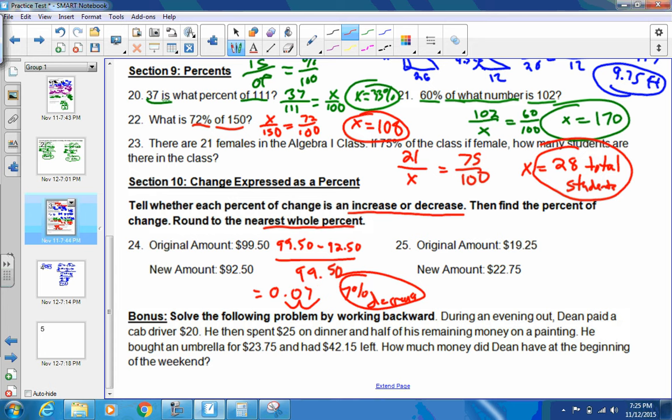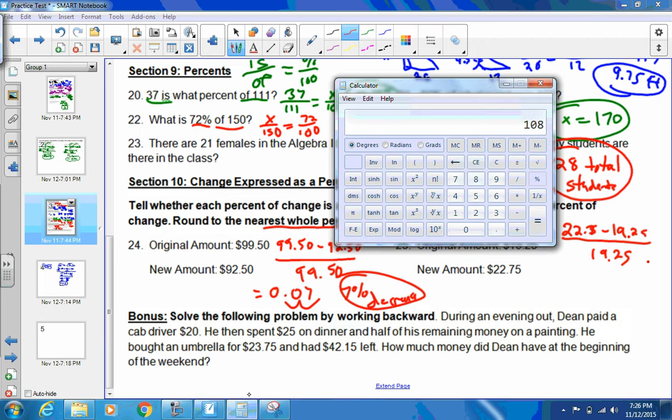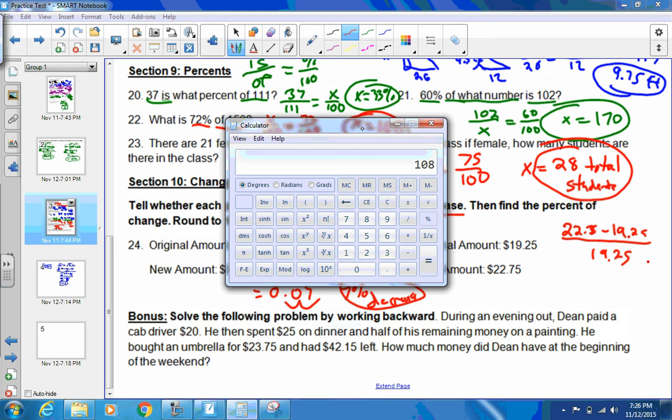All right, same thing for number 25. Figure out the difference. So I'm just going to take the bigger minus the smaller. So I'll do the 22.75 minus 19.25 all over the original, which is 19.25. So you end up getting 3.50 divided by 19.25.